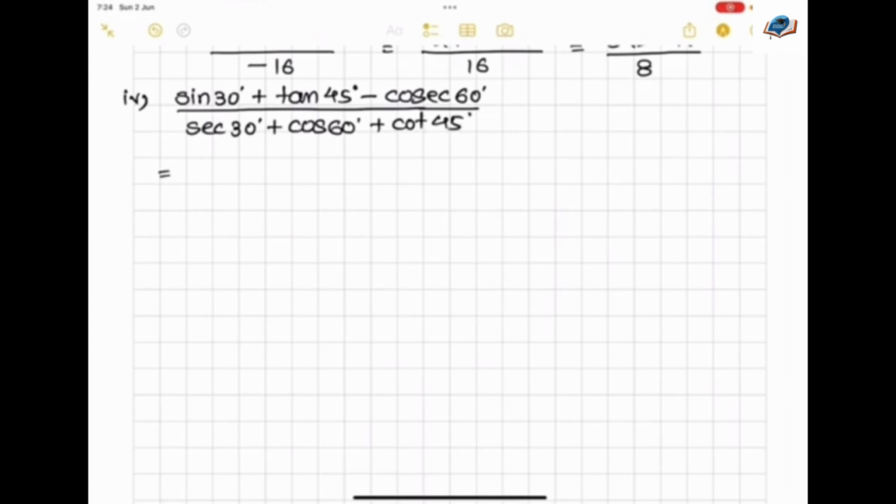So putting the values, 1 upon 2 plus 1 minus 2 upon root 3 whole upon 2 by root 3 plus 1 upon 2 plus 1.